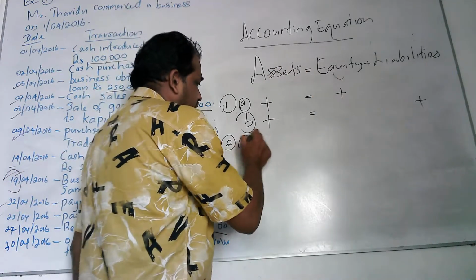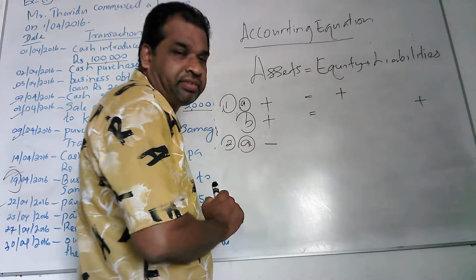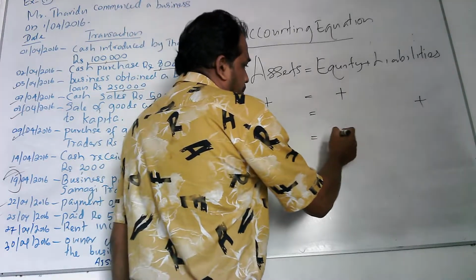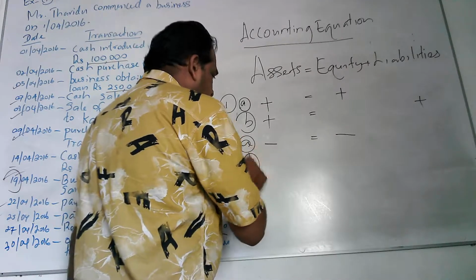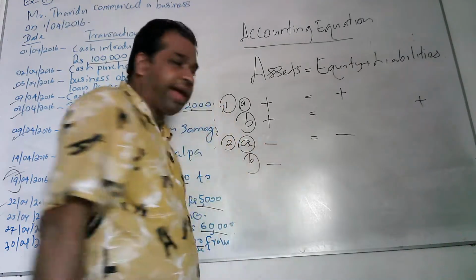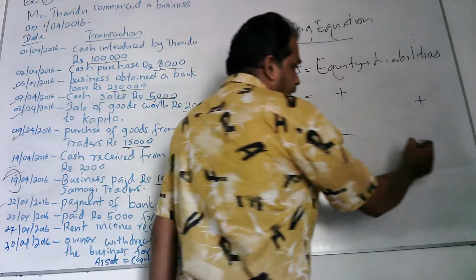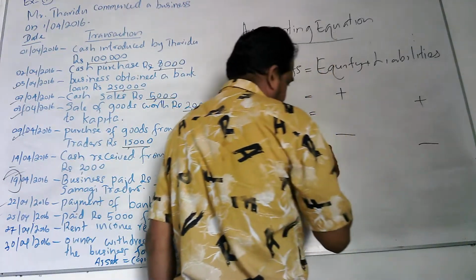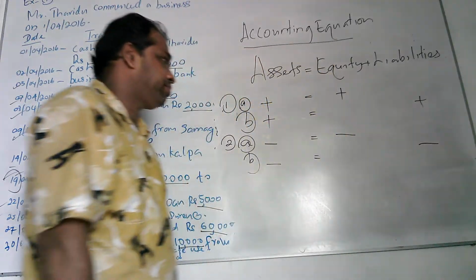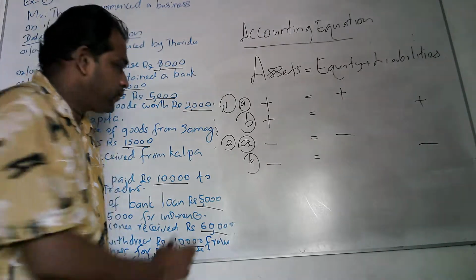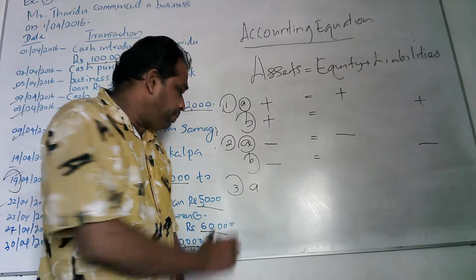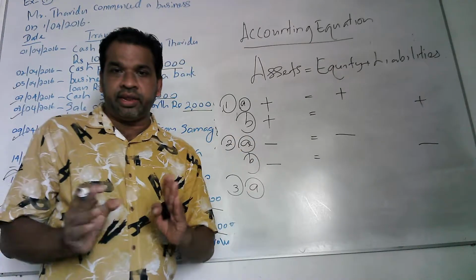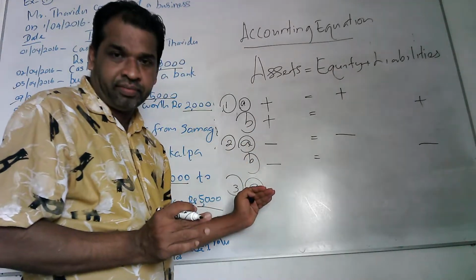You take minus under assets, again minus under equity. In part B, you can have a decrease under assets, again equal to that a decrease under liabilities. Then change number 3, part A: there can be a decrease and an increase both under assets.